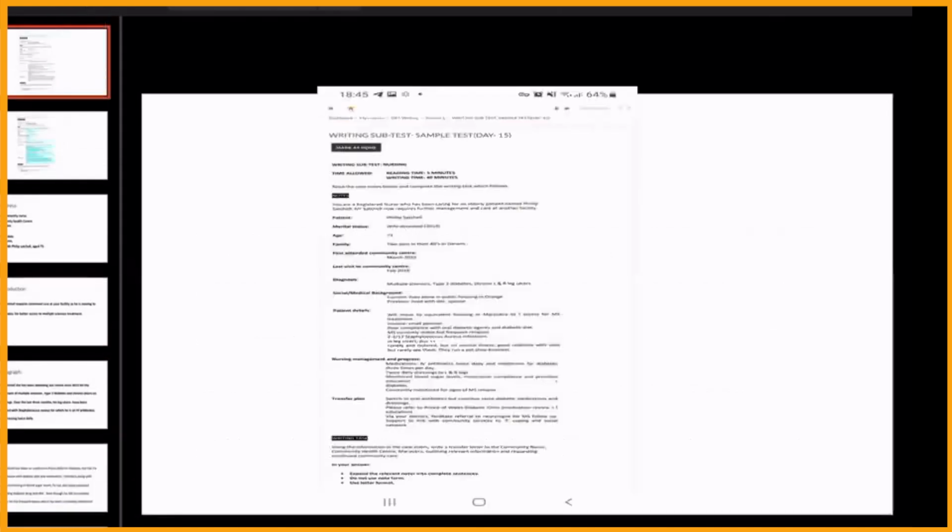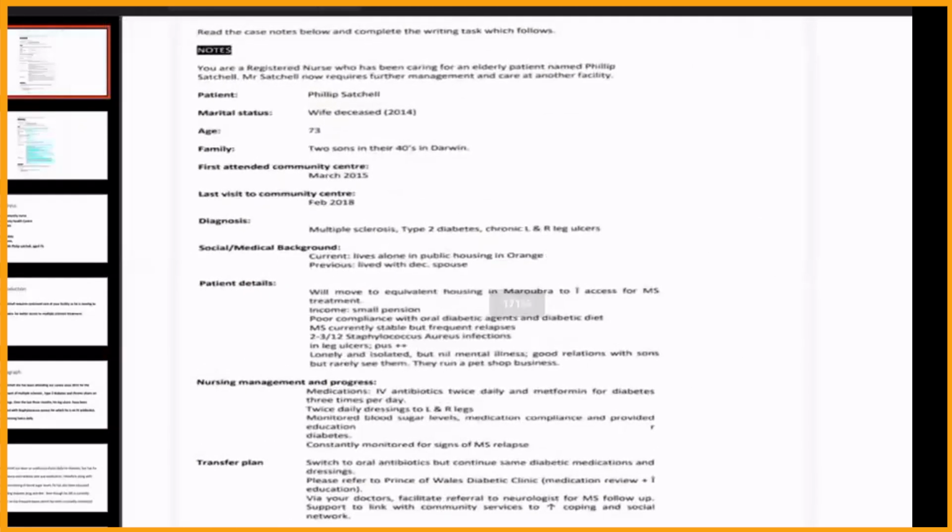Now let's see. What have we missed again? Now what should we write? We know that this patient is new to the community nurse in Marobra. So it is good if you write a little about the social background also. So can we write on that? Social background information: lonely and isolated, patient details.